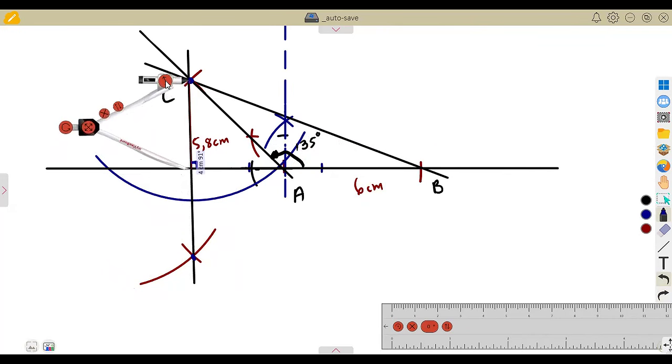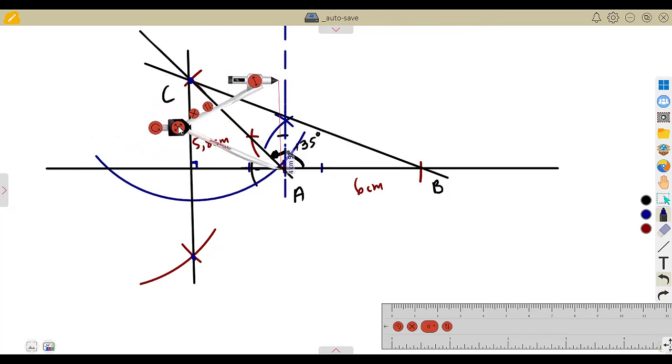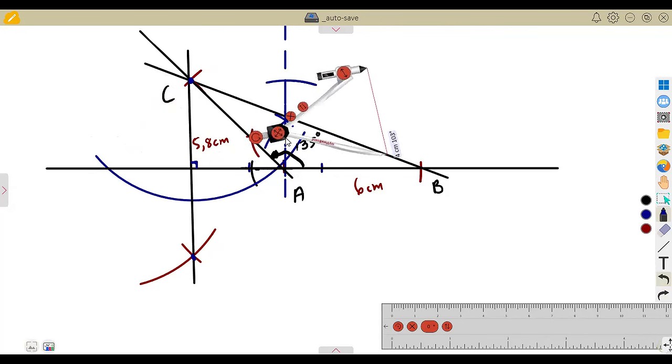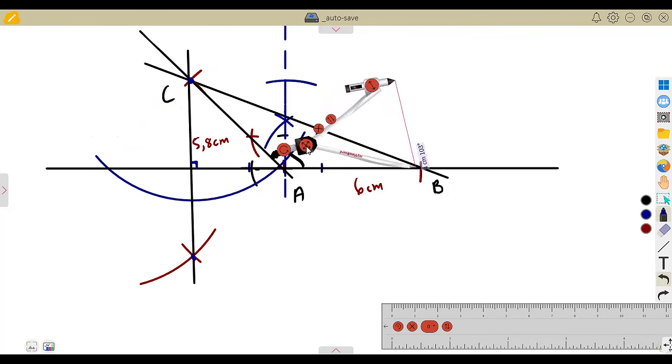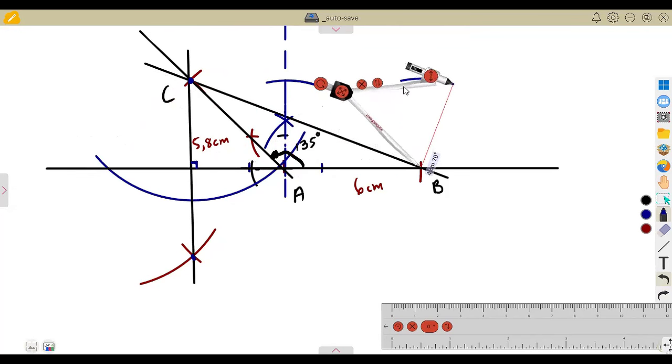This measurement that we are given here, which is somehow 4.1 or 4 centimeters there. With this measurement from this point to C, it must be the same even if we take it from the point A. Even from the point A, we must have the same measurement. It must be the same even from the point B. We must have the same measurement in between.